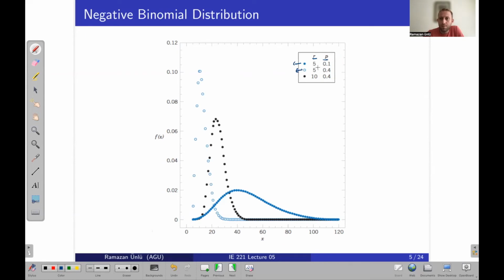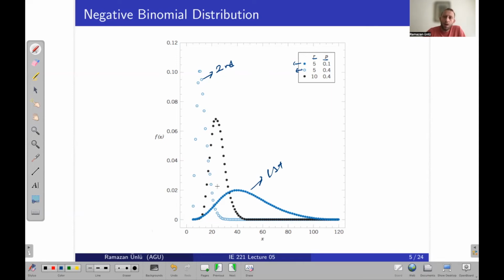The r is the same, the number of successes is the same, but we just change the probabilities. The shape of the graph will be dramatically changed, right?